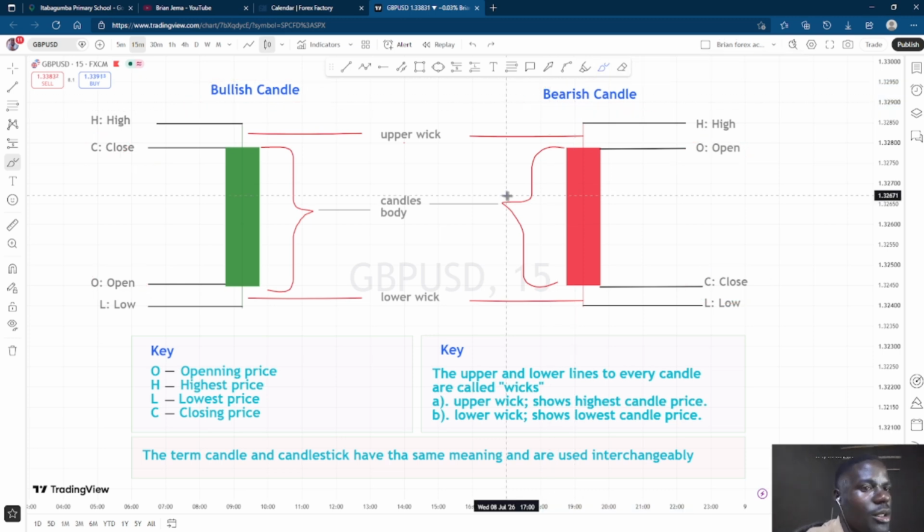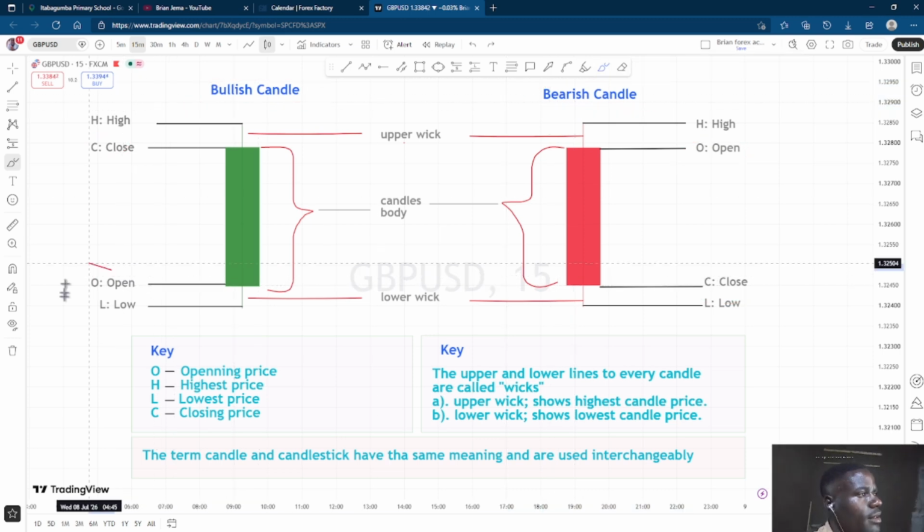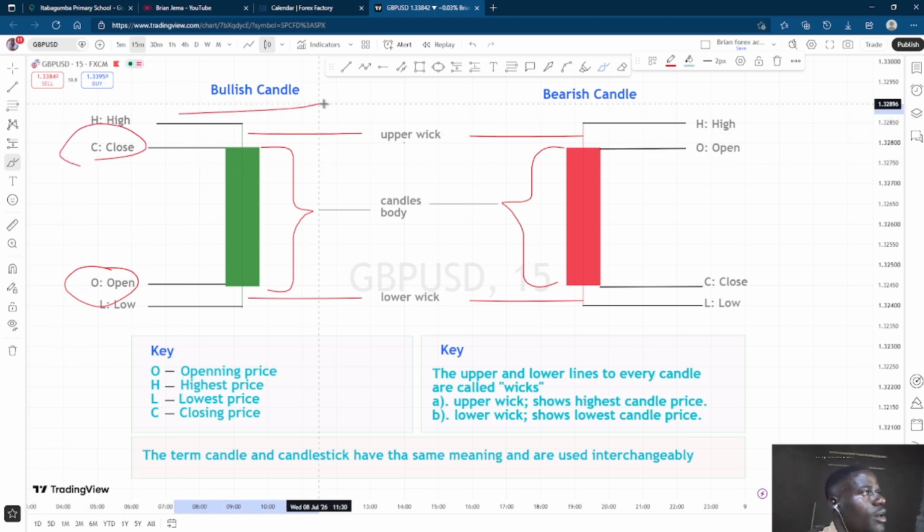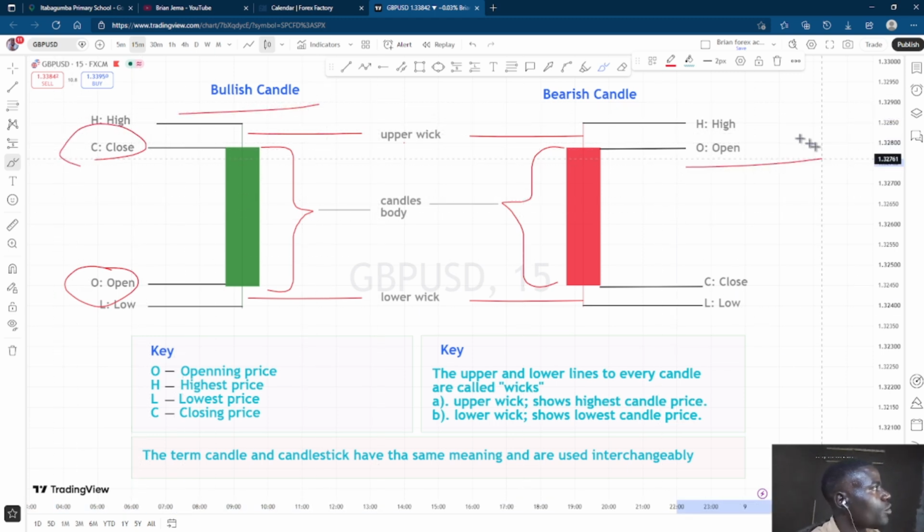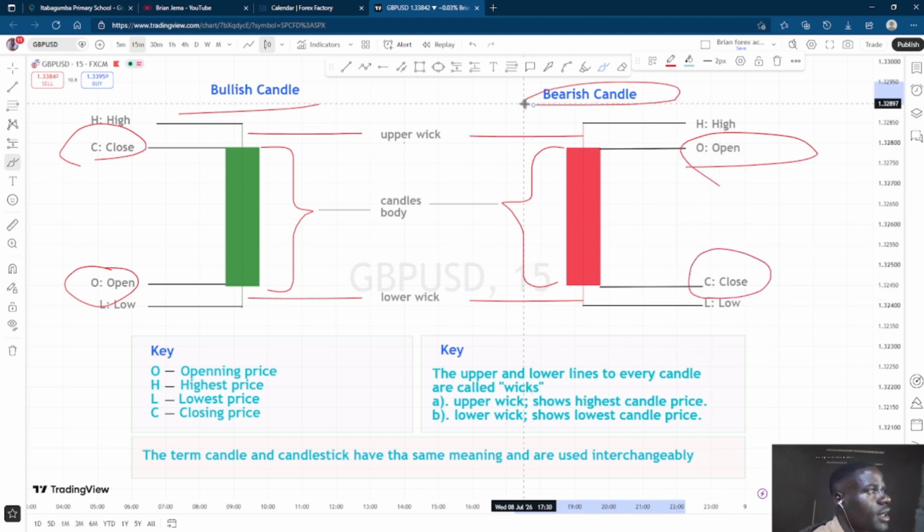In a simple definition, if the candle's opening price is below its closing price, that is called a bullish candle. If the opening price of the candle is above the closing price of the same candle, we call it a bearish candle. Bears open the price and push it down, and it closes below the open price.